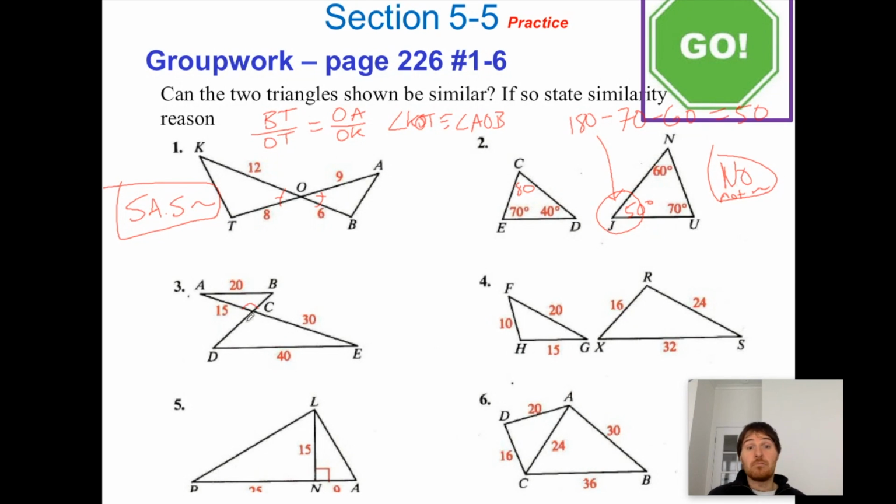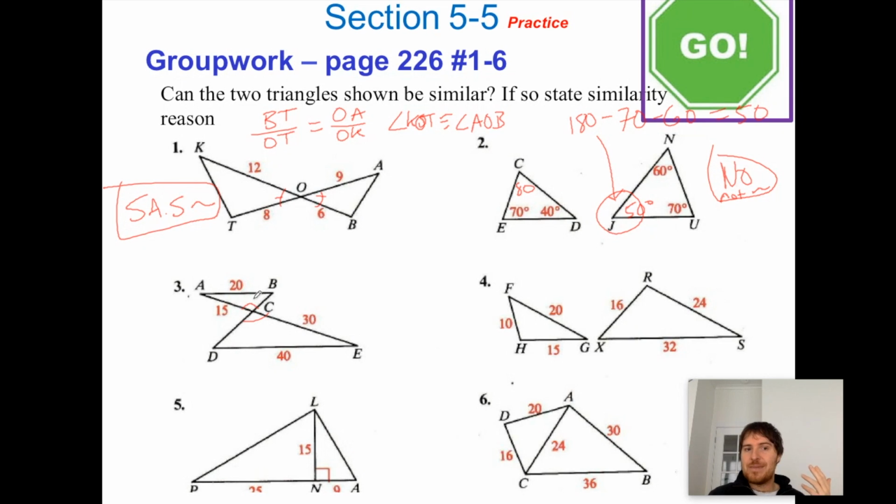This one here, what are we doing? Mark up those vertical angles. Does that help you? No, it doesn't, because check it out here. These vertical angles' included sides would be CA and CE. CA to CE is in that 1 to 2 ratio, and AB to DE is in that 1 to 2 ratio.